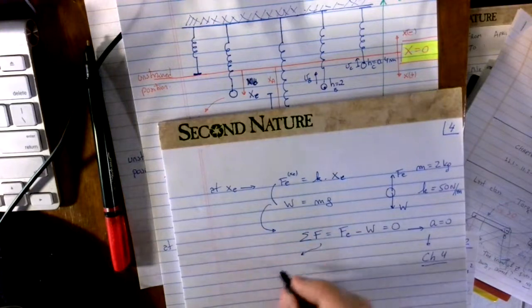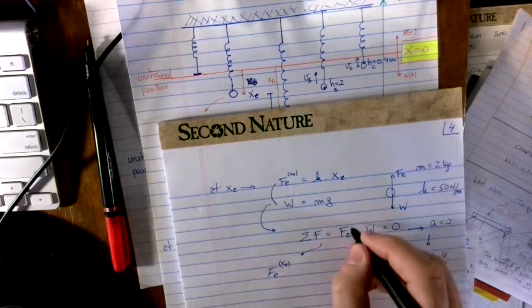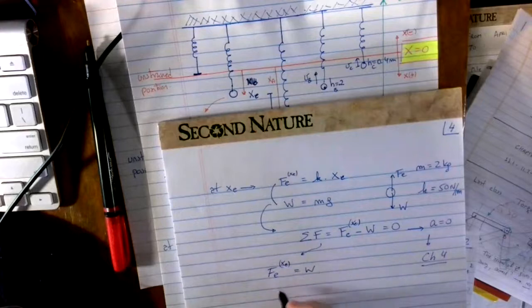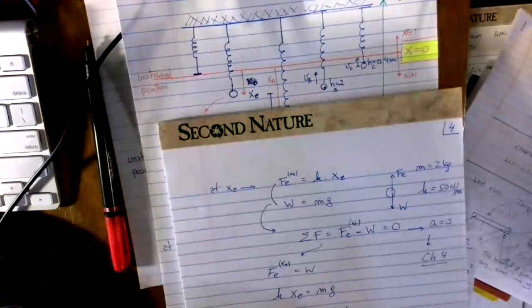So what this implies is that Fe, again, only for this particular position, is equal to the weight, so K times Xe is equal to the mass times gravity, and then you get that Xe is mg divided by K. Mass 2 kilos times 9.8 meters per second squared divided by K, which is 50.